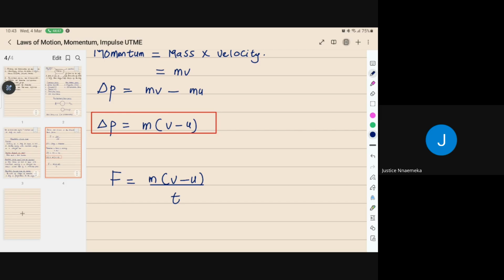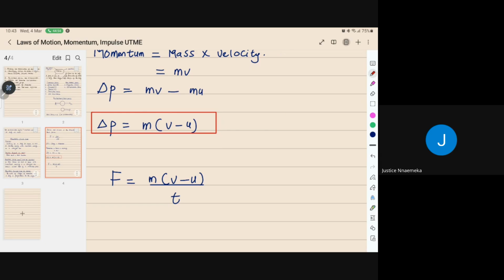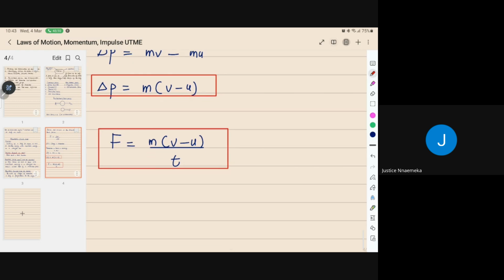So this is your Newton's second law, that has to do with your momentum and your force. But I want you to understand something here. Pay attention to this side of the equation. You are going to notice something quite interesting: acceleration A is equal to change in velocity over time.